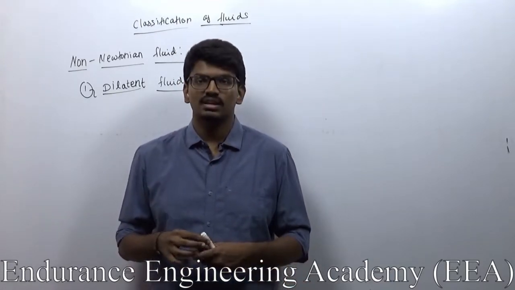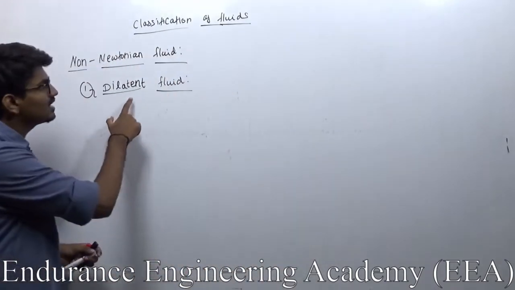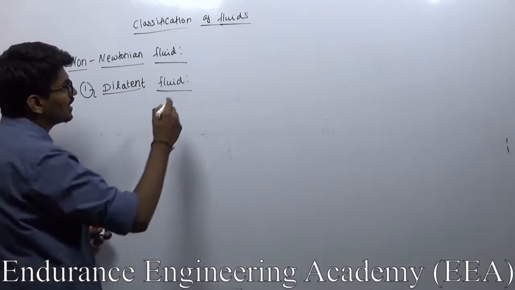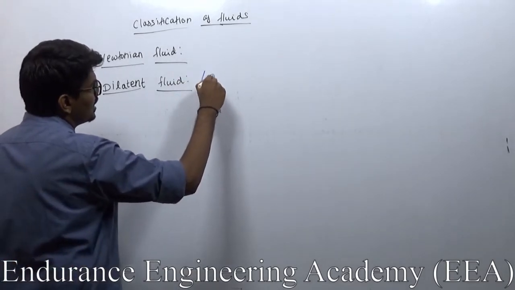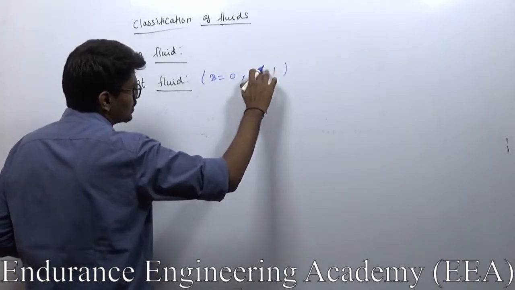First let me start with the first non-Newtonian fluid, which is the dilatant fluid. In case of dilatant fluid, the b value will be 0 and n will be greater than 1. So this is the condition.